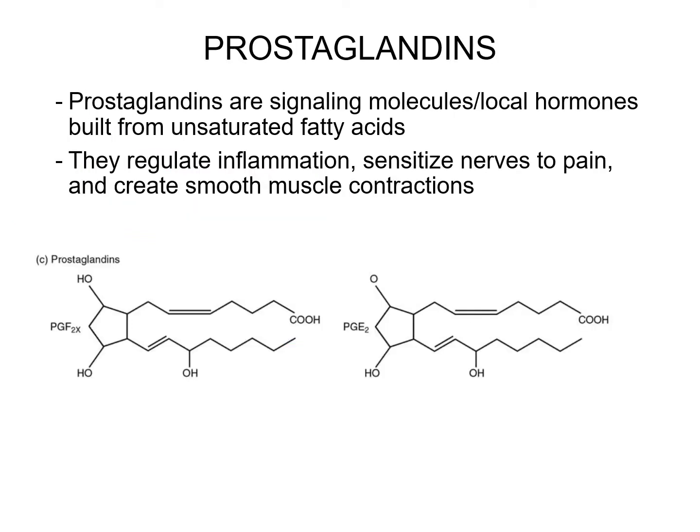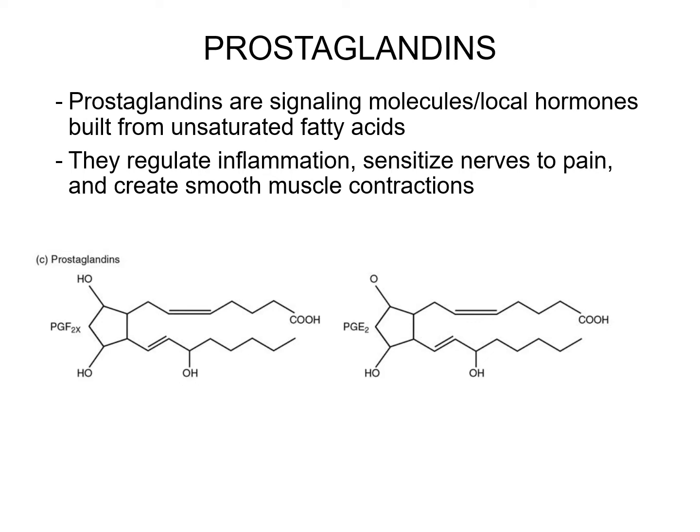And then the last example of a lipid are prostaglandins, and these things are nuts. They are complicated, to say the least. As you can see in your notes, a couple things that prostaglandins do. They are signaling molecules. They're built from unsaturated fatty acids, so their ingredients are the same as our triglycerides, our steroids, those kind of things, our phospholipids.